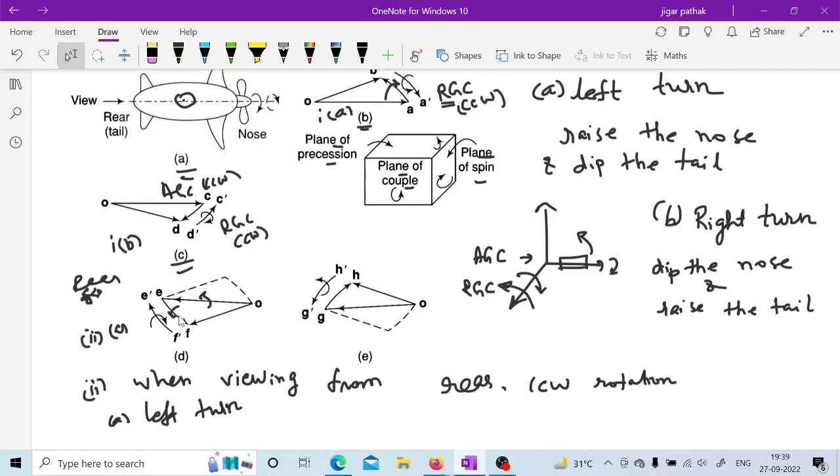So the reactive is in clockwise direction. This is reactive and this is active. So the same effect will be there as 1B. It will dip the nose and raise the tail.